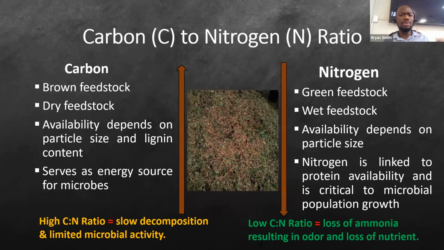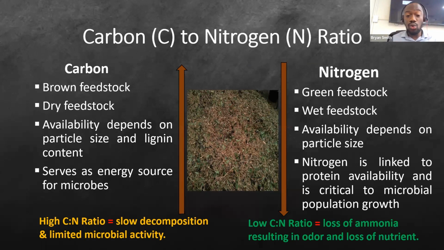And so a balance between the carbon and nitrogen is very important for microbial activity, for them to start to reproduce, increase in population, and start to do what they have to do and break down the material so that we get something beneficial at the end.